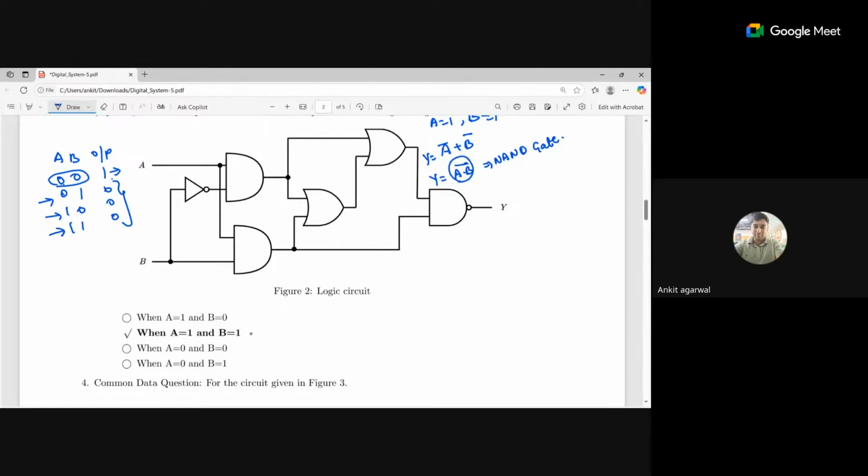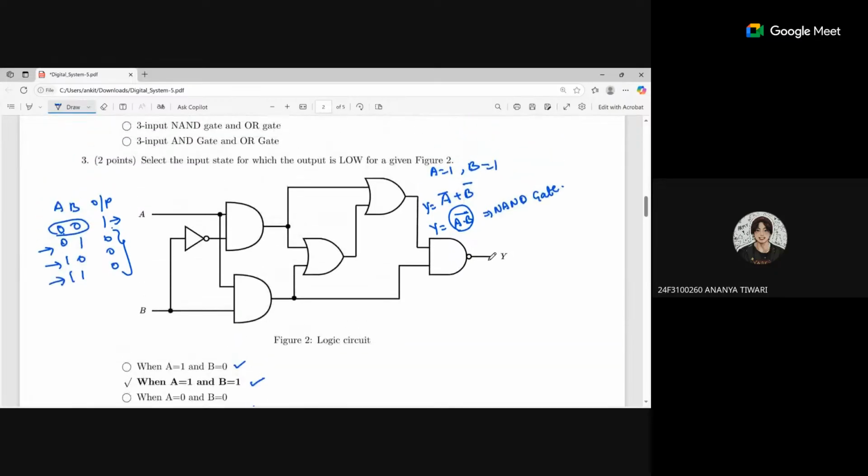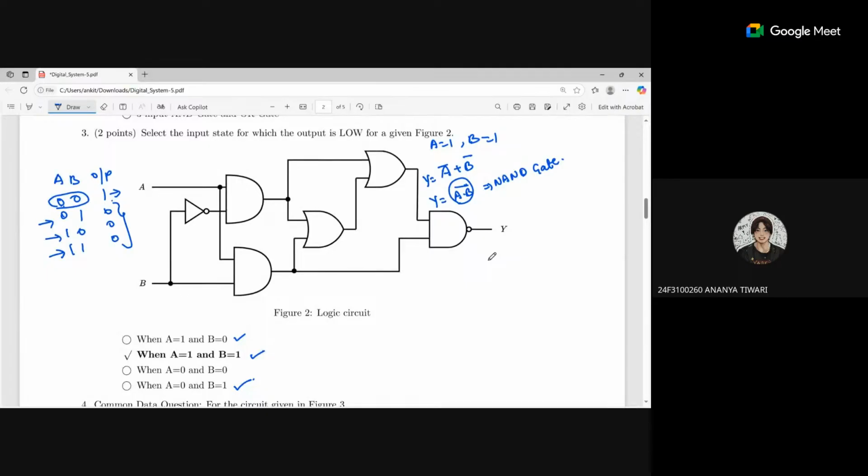A and B both are 1, A 1 B 0, and A 0 B 1. Okay, so all these three conditions. By the method you told, taking from starting the last, right? Okay, so this output is low, that means we are getting either 0 or 1, 1 or 0.